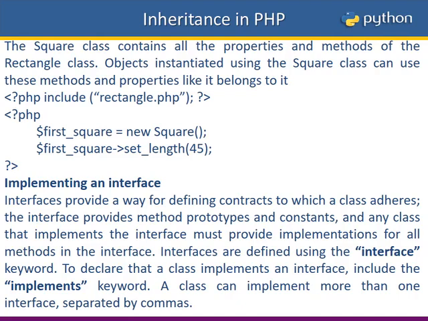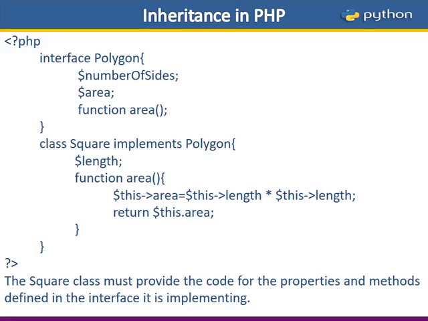So we'll be looking at how they define a construct for classes using the interface and implement keywords, ensuring all interface methods are implemented. We have the example code of an interface Polygon with the number of sides and area. We have the new class Square, so we use the implements keyword for the Polygon.